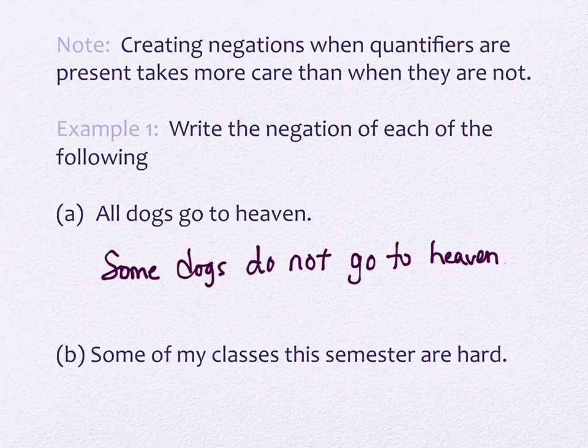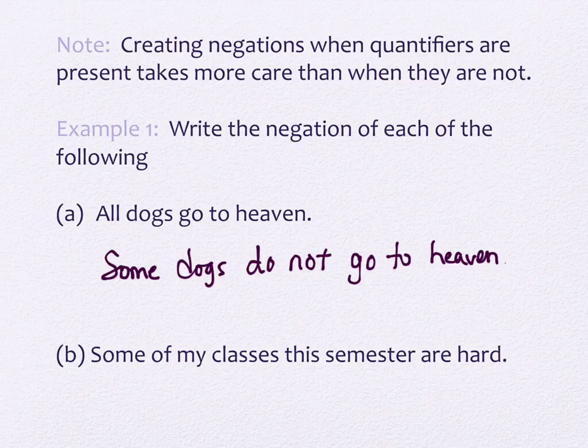For example, we would not say, "some dogs go to hell," right? It doesn't work. We got to keep the logical structure of whatever's there. Don't change anything that's there. You can add the word not, you can take away the word not, but you can't change the rest of the statement, okay? Everybody cool with that? So no changing the rest of the statement.